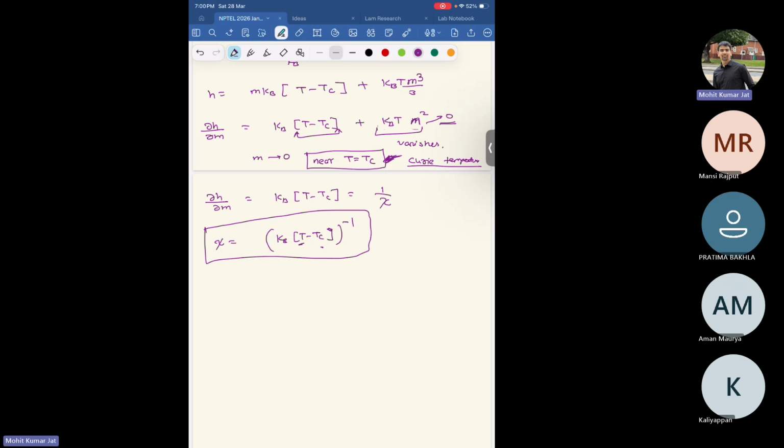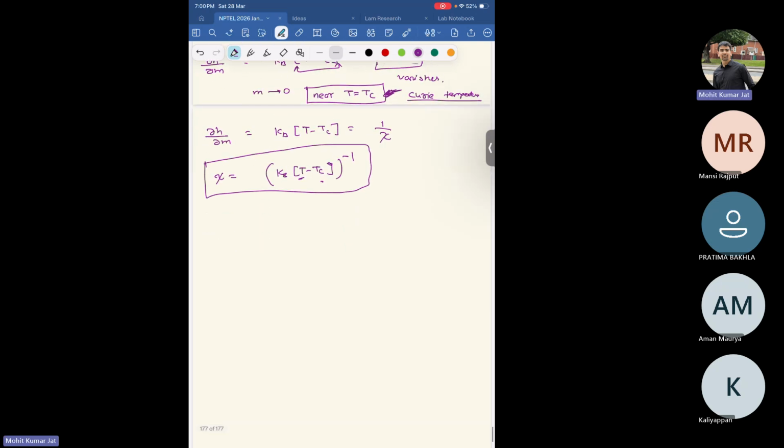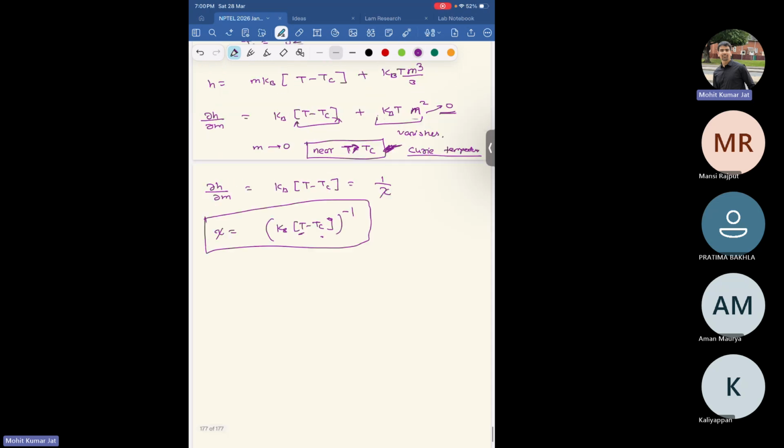Because of thermal energy or exchange interaction, this magnetization goes to zero if T is larger than Tc. So this is not only near T equal to Tc; if T is larger than Tc, it is always true, because then you don't have magnetization in the system.